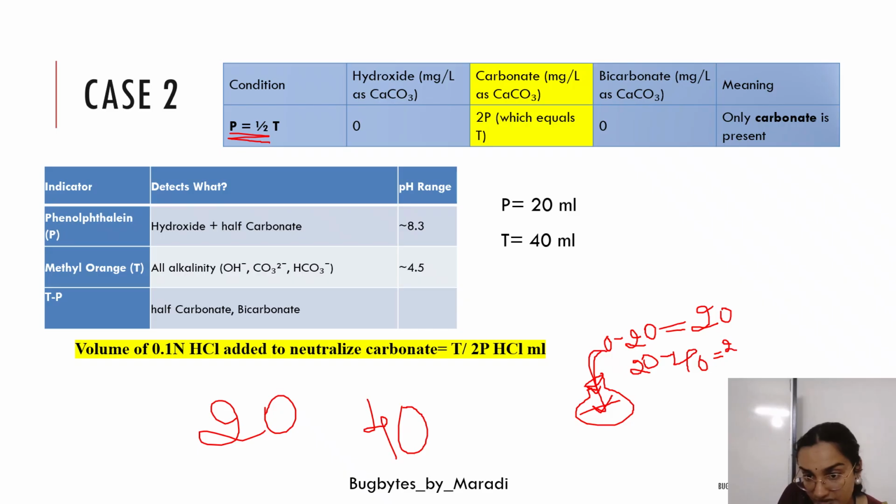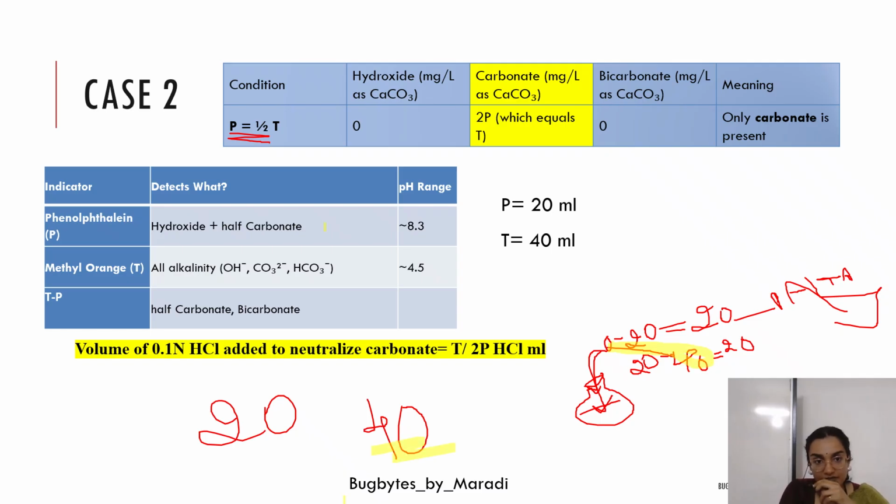But for total alkalinity we will be considering this as T and this as P. That is from 0 to 40, that is 40 ml, what we have written over here.